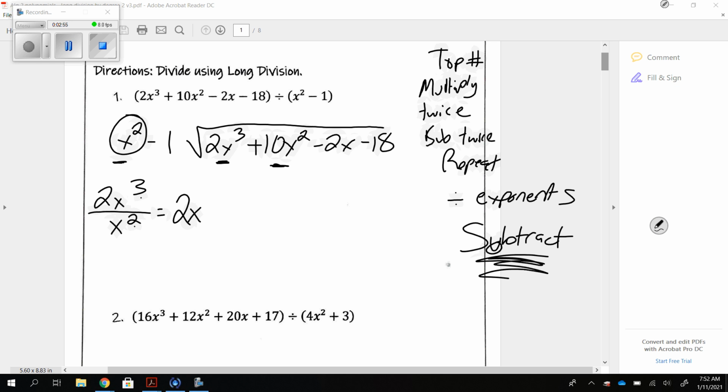So 2x cubed divided by x squared is 2x. We're going to write that right here, above its like term, so we know where to start. Then we're going to multiply this times this, just like long division, and we get 2x cubed. All right, and we know we're going to subtract later. But before we subtract, remember, like the step said.